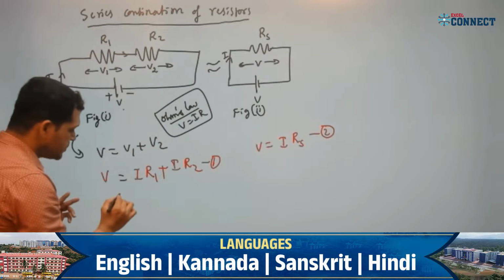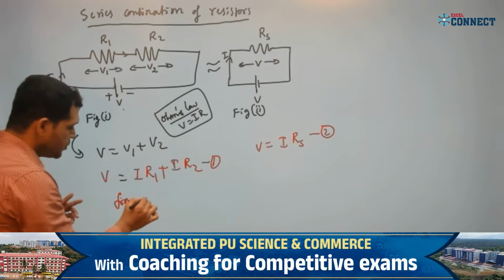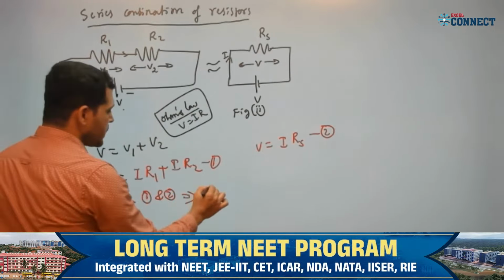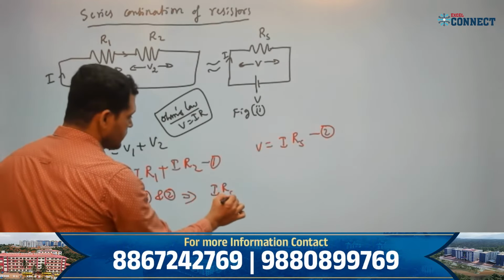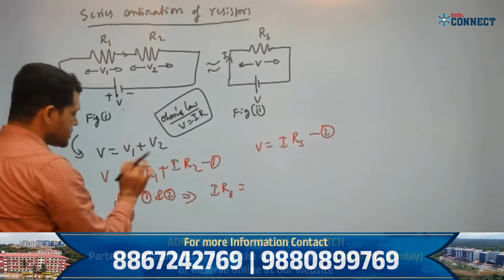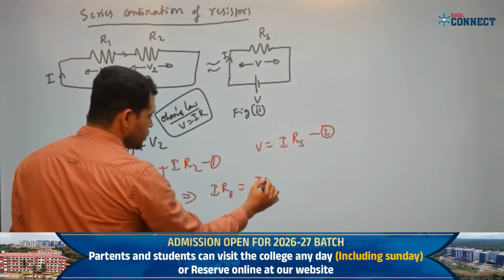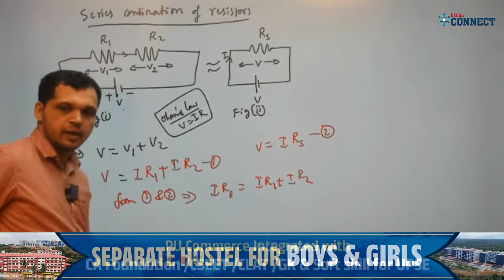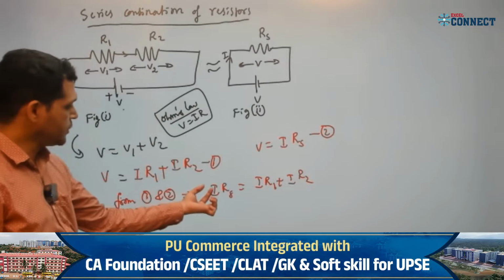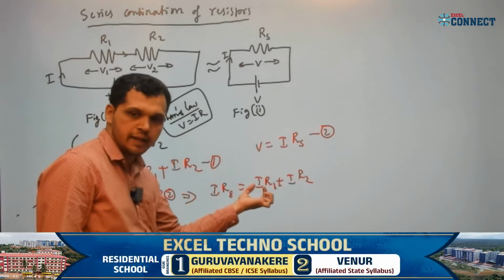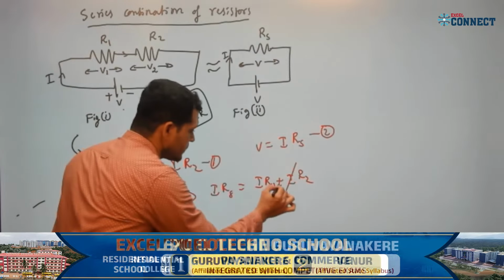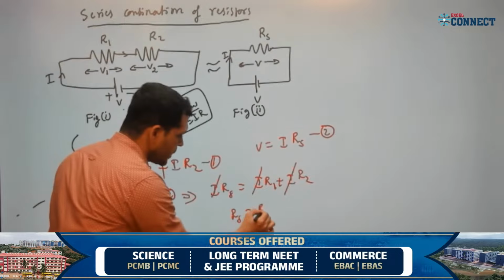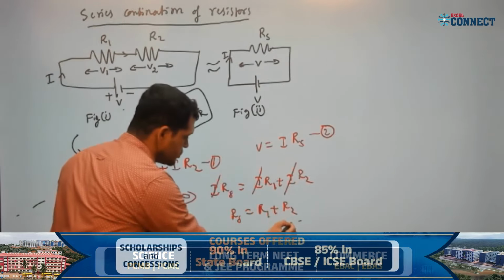From 1 and 2, I into Rs is equal to I into R1 plus I into R2. Here left hand side I, here also I, here also I. Cancel this I, so that Rs is equal to R1 plus R2.